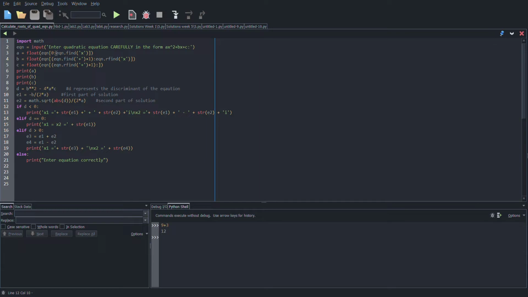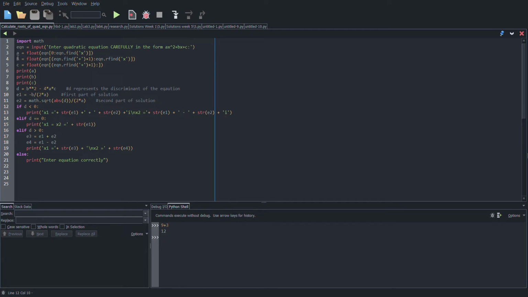When the user enters the equation in this form, Python saves it as equation, and it will be saved as type string. Type string is basically letters and characters. Numbers are typed as float, and type float is numbers that have decimal places like 5.1, 5.2, and integers is just type int. Those are some of the types in Python.